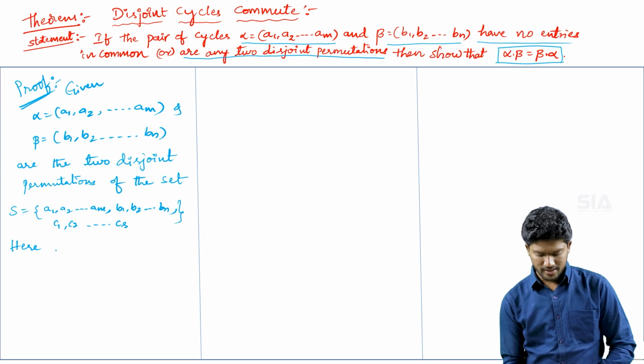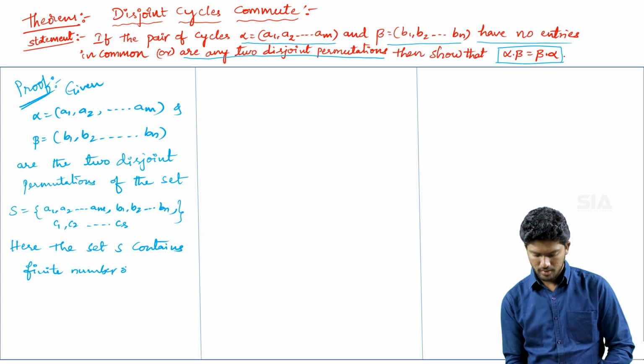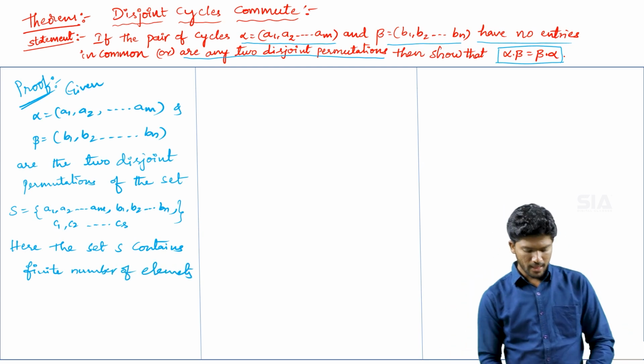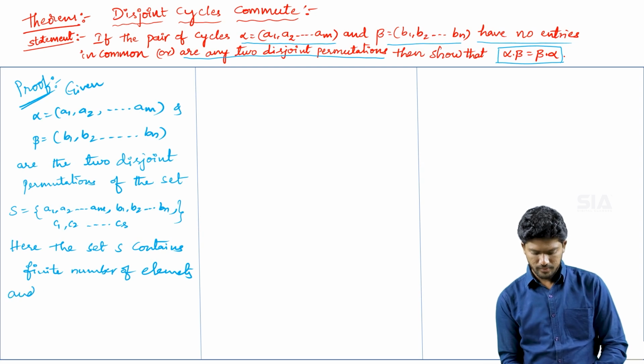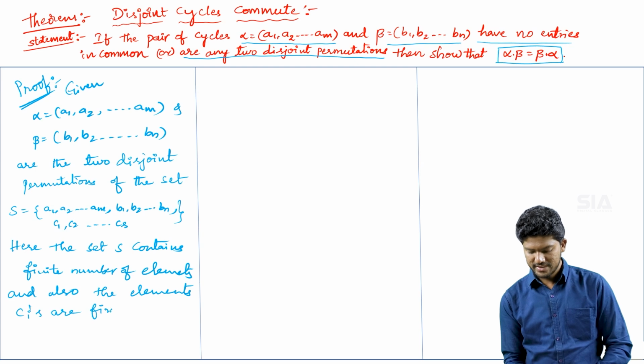Here the set S contains a finite number of elements. And also the elements c suffix i's are fixed.